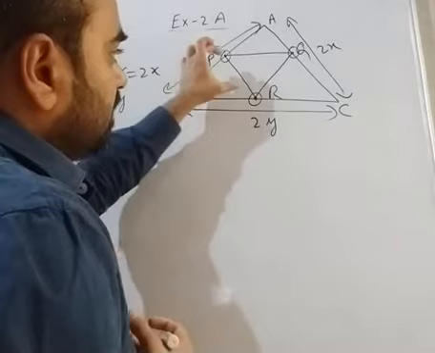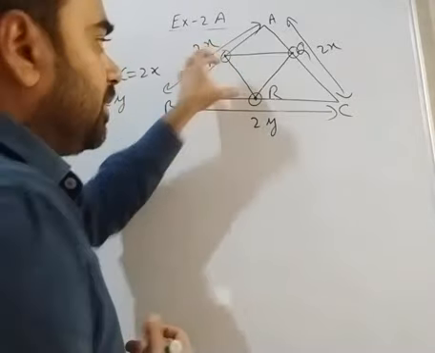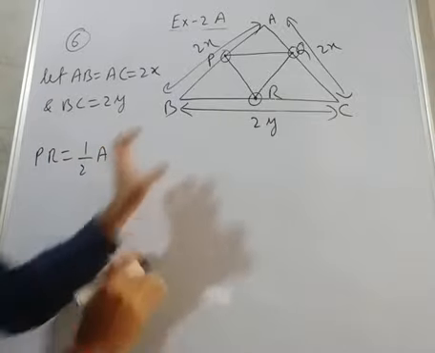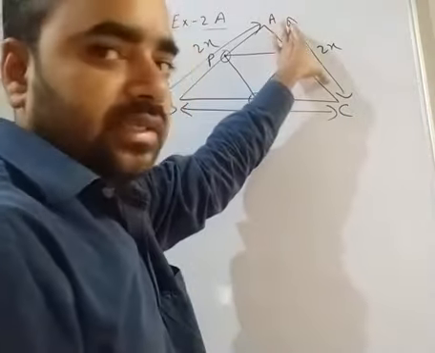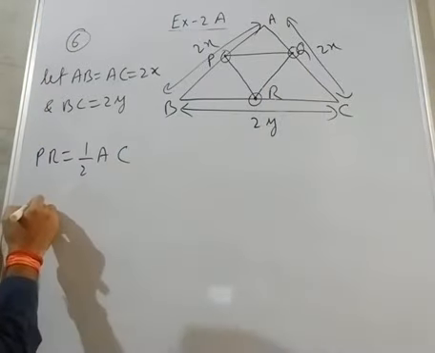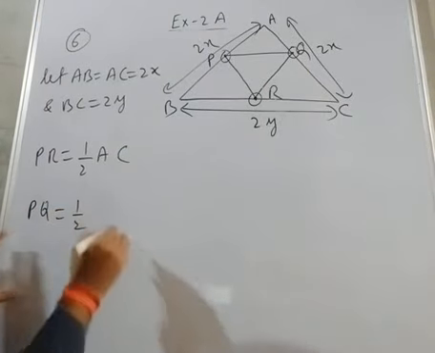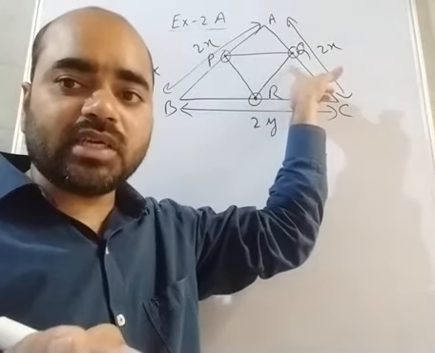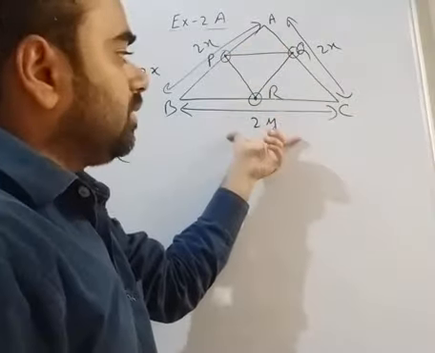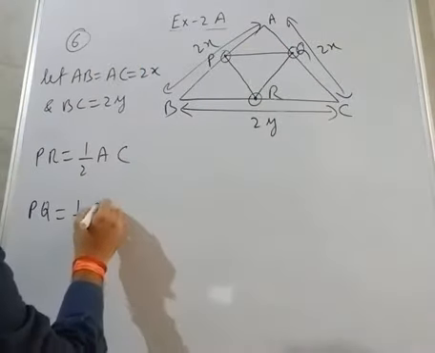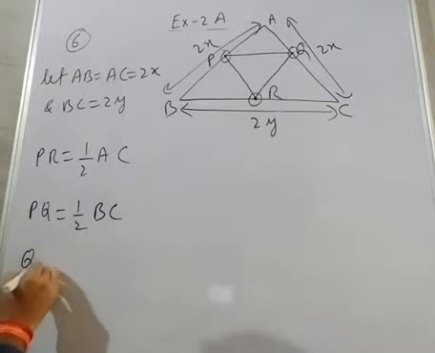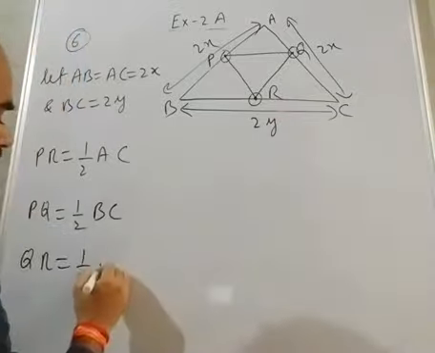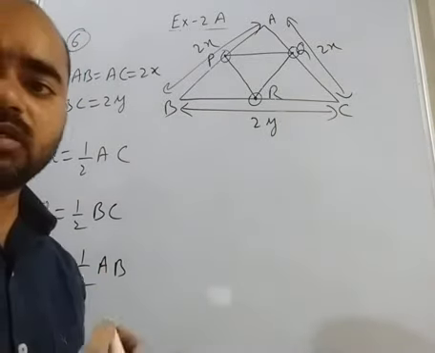PR will be equal to half of AC, the opposite side. Similarly, PQ will be half of the opposite side BC, and QR is half of the opposite side AB.